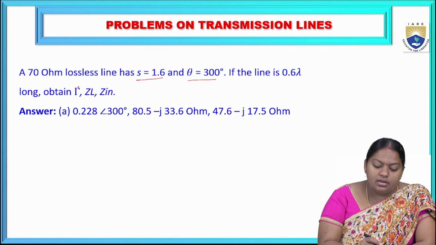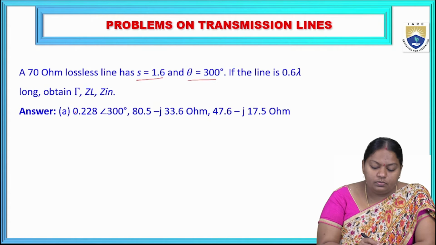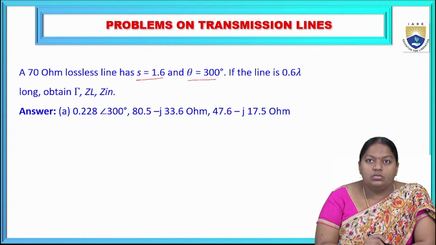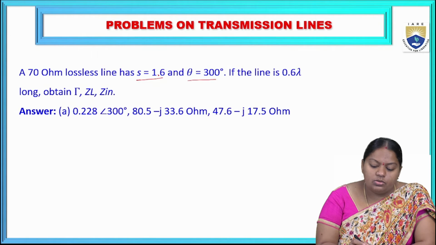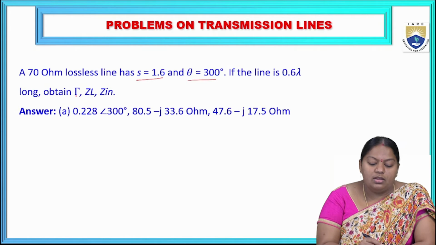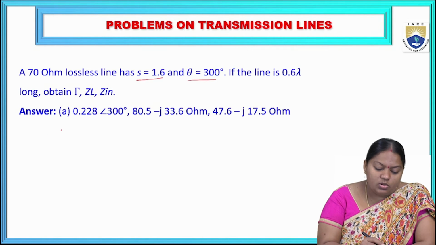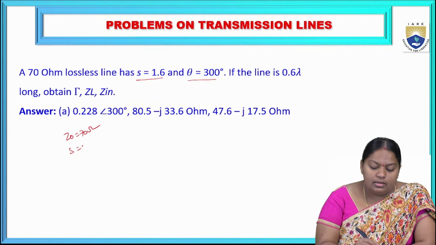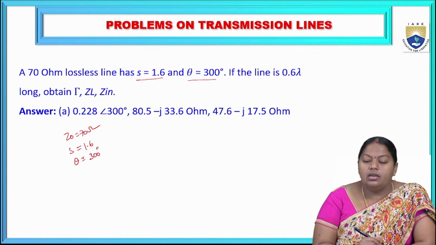So to find gamma first, we require ZL also, and S also needs to be obtained. Using this S value, we can first find the reflection coefficient gamma. First of all, we need to identify what is actually given. Z0 is equal to 70 ohms, the standing wave ratio S is given as 1.6, and theta is given as 300 degrees.